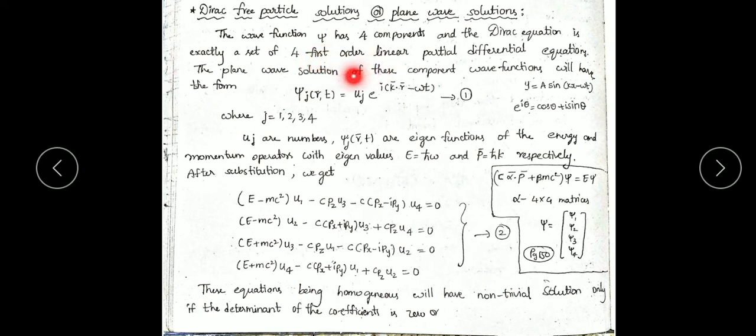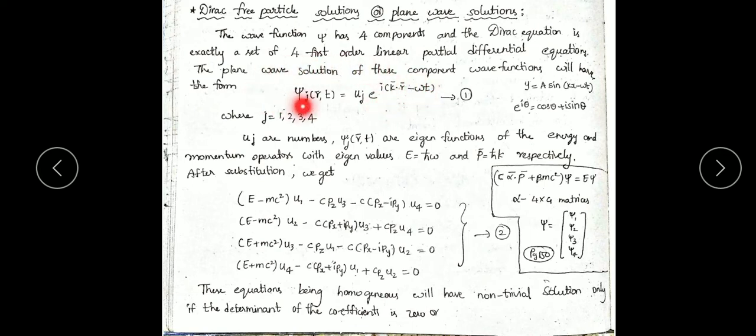The plane wave solution of these component wave functions will have the form xi j of r comma t, where j goes 1 2 3 4. These component wave functions could be written as u j into e power i into k dot r minus omega t.